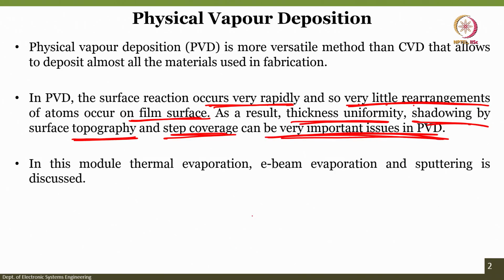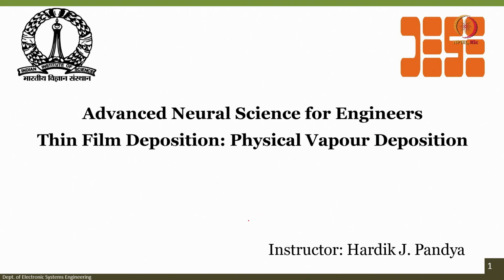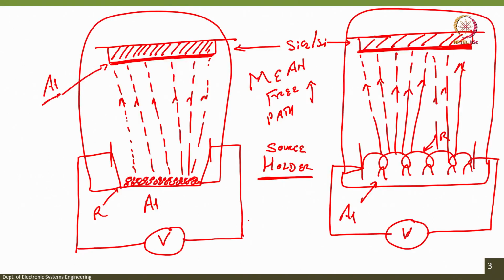What is step coverage? We will see. So, now if you see, you have a material, this is your silicon and then this is silicon dioxide in this pattern. Okay. Now, if you deposit the material, then aluminum will get deposited here uniformly, and here also uniformly. Okay.